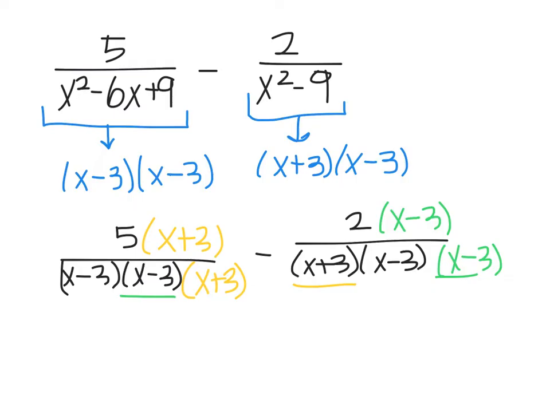So now we're going to distribute this 5 to both pieces in the numerator, and then this 2 to both pieces on this side.